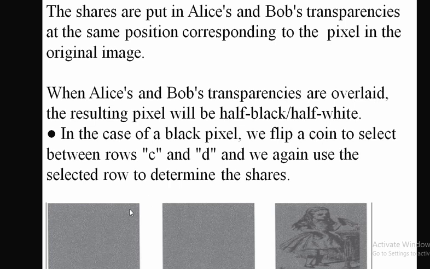In this case, for a black pixel, we flip a coin to select between rows, C and D. This is from the textbook, where they mention C and D. And we again use the selected row to determine the shares.